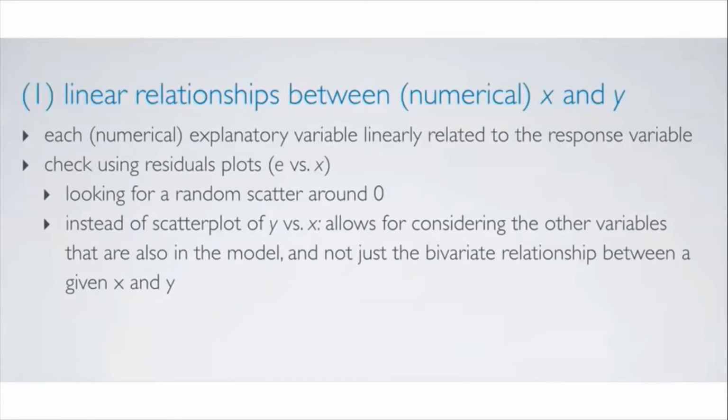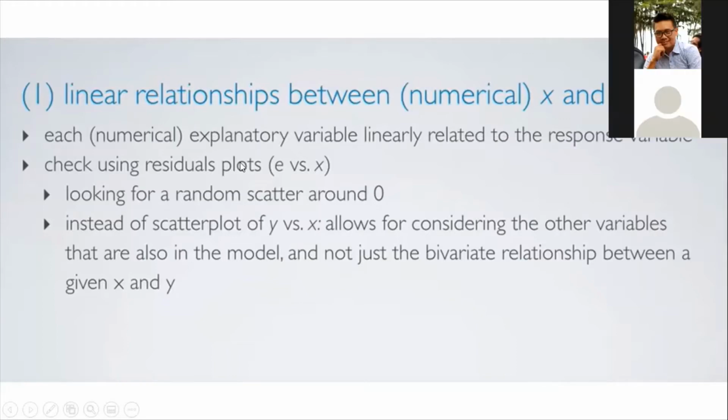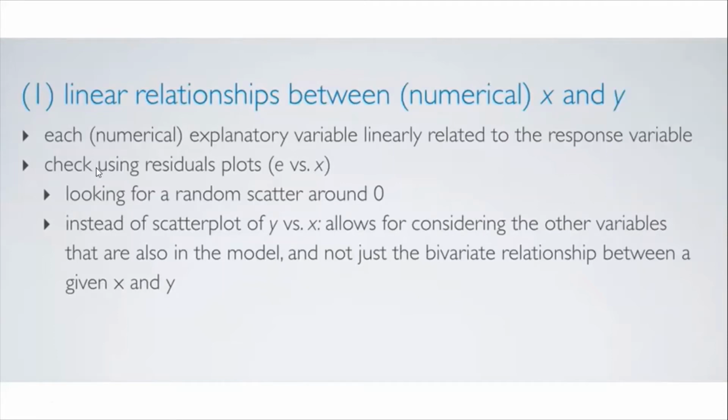As you expected, the first assumption is there should be a linear relationship between the numerical x, or explanatory variable, and the response variable. We have to look at each explanatory variable and the response variable and see if the relationship is linear or not. We can do this by looking at the residual plots.